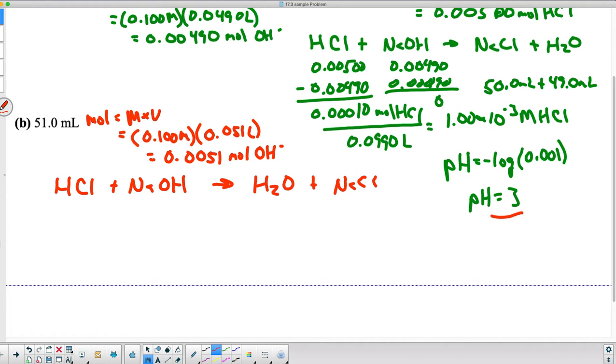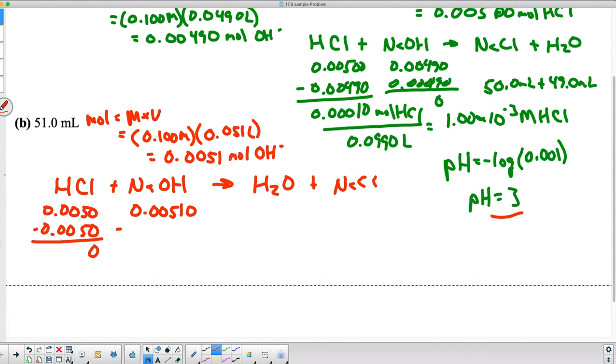In this situation, I still have the same number of moles as the last one, when I take the concentration times the volume: 0.0050 moles of HCl, and here I have 0.00510 moles of NaOH. What I do is subtract the smaller of the two to find out what happens.